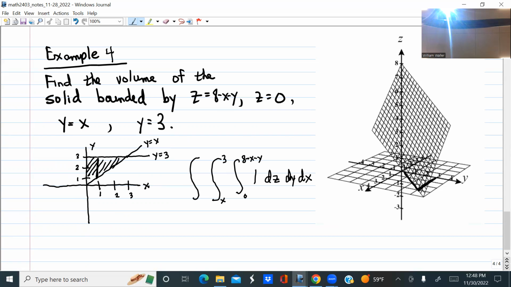And then what about the limits on x? Now this direction on x, you're starting at 0, going all the way to what? 3, I think, right? Isn't that where these two cross each other?